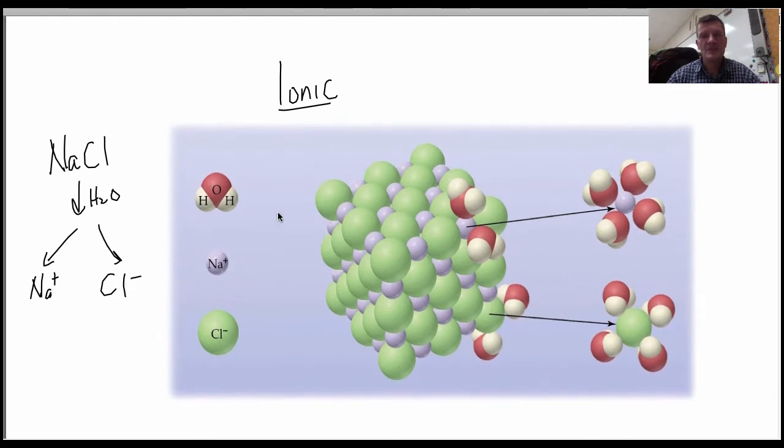What actually happens is, here's your water molecule, your H2O, and it gets in there and is attracted to the positive sodium ions and the negative chloride ions because water is polar.